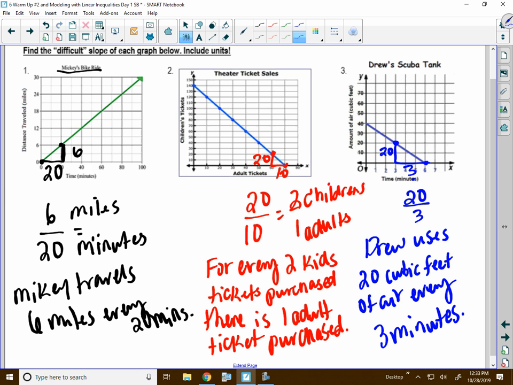But if you think about Drew, he has a scuba tank, he's obviously scuba diving. The Y value, which is 20, because that's our rise, is the amount of air in cubic feet. And then your X, which is the 3, is your time in minutes. So we could say Drew uses 20 cubic feet of air every 3 minutes. You can say it that way.